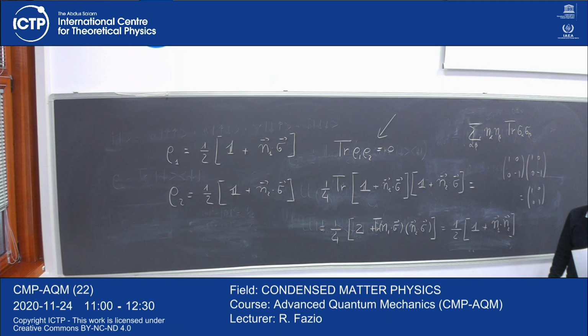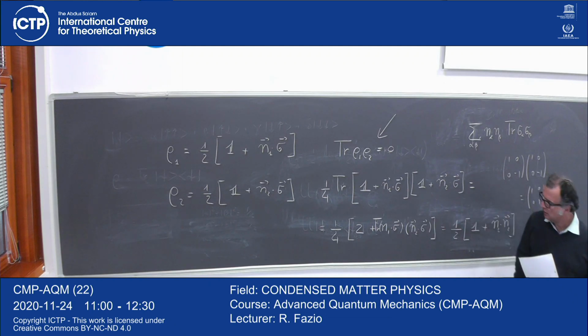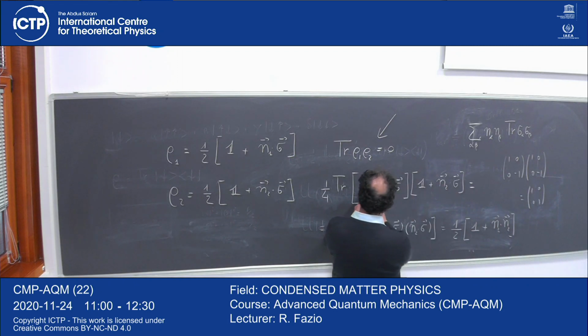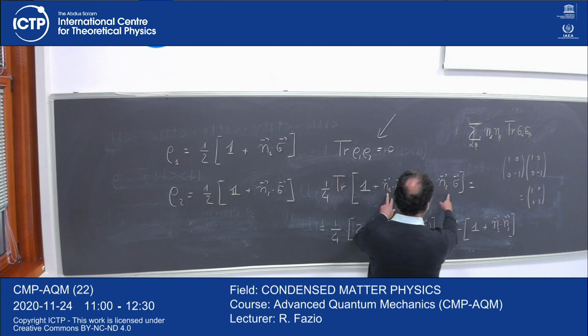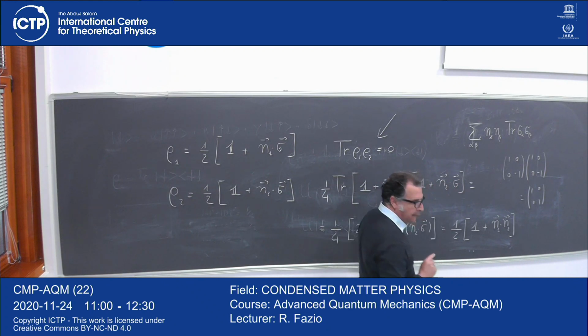Actually, I don't understand why from the first line you go to the second line, I mean, from the trace you go to 2 here. Okay, so I have to multiply this. So I have identity times the identity. Then I have n1 dot sigma times n2 dot sigma, and then I have the cross product: identity times n2 and n1 times the identity.